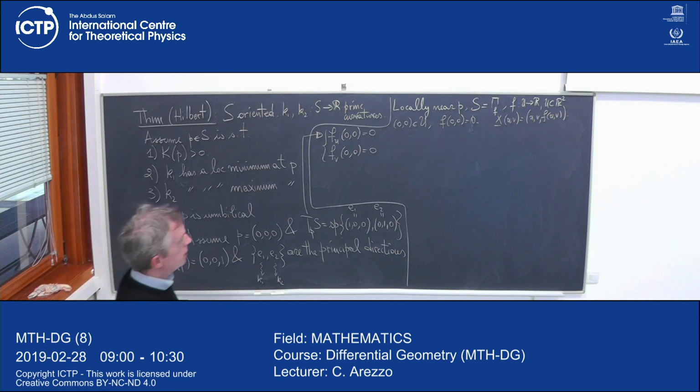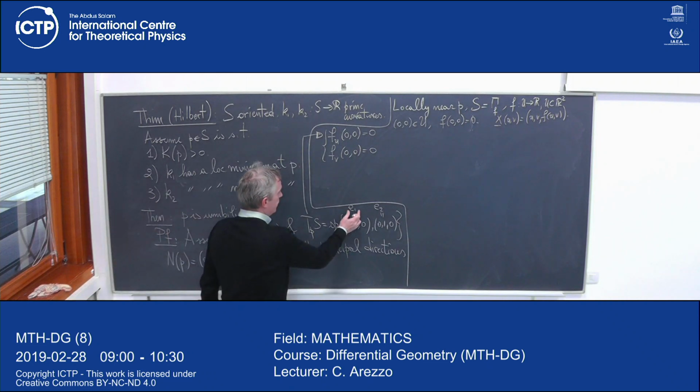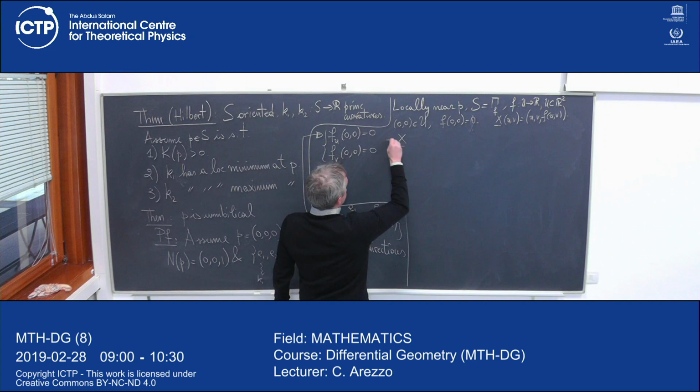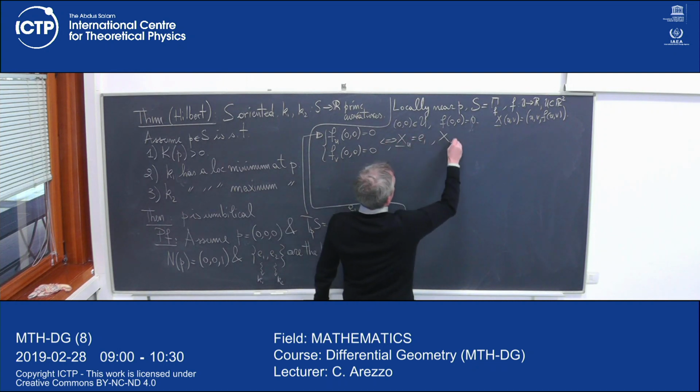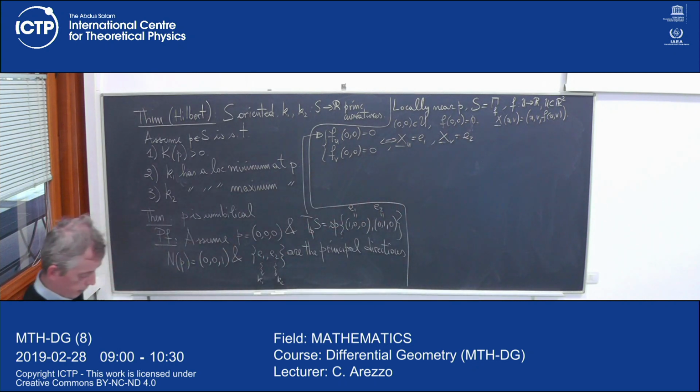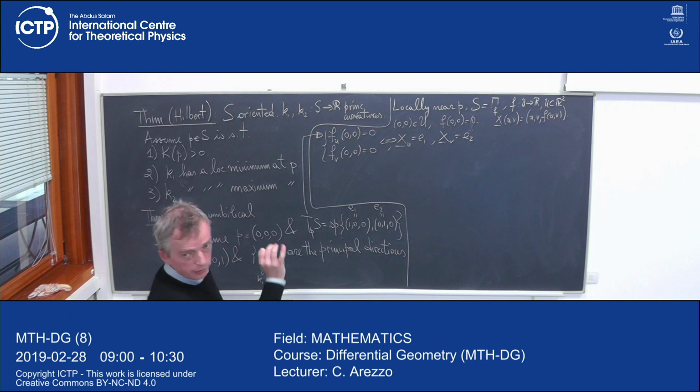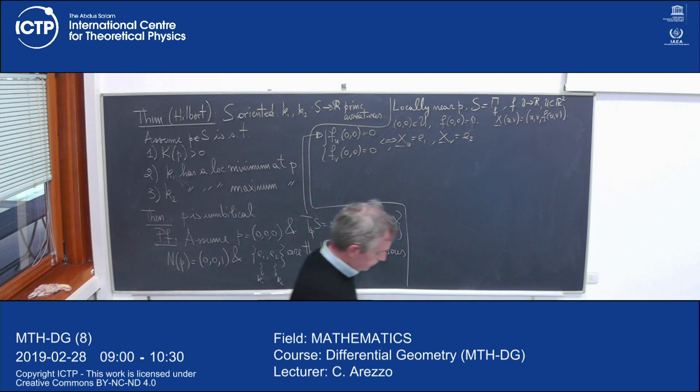Okay, so this translates into the fact that xu has become the vector, i.e. xu is equal to e1, xv is equal to e2, at the point P, only at this point. Well.